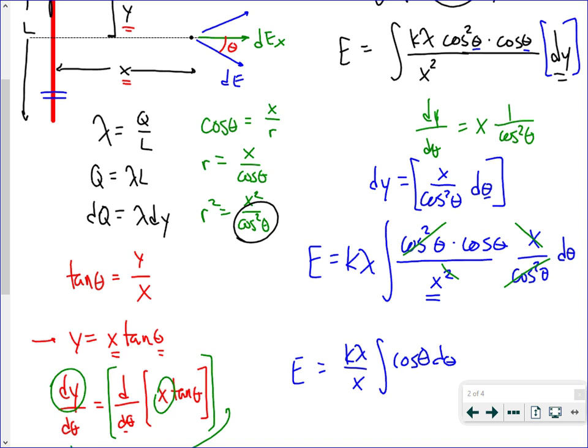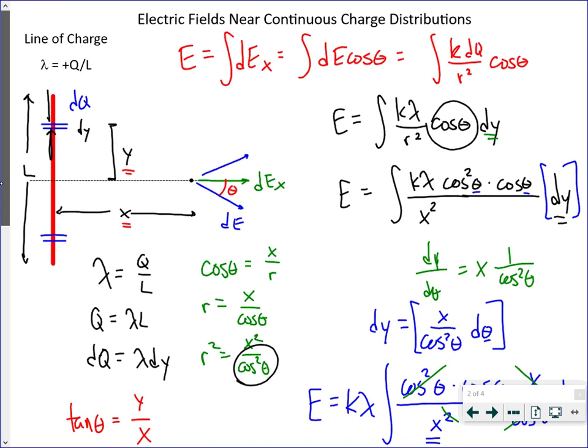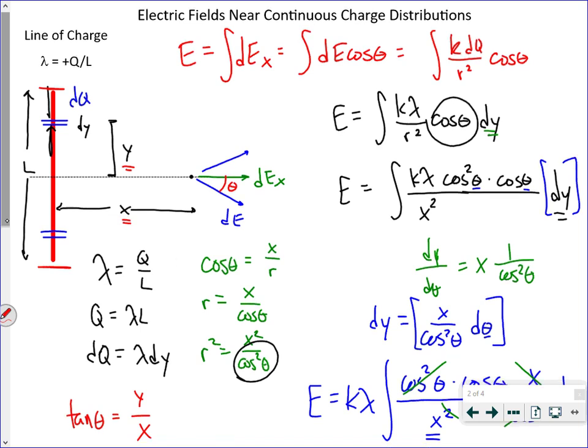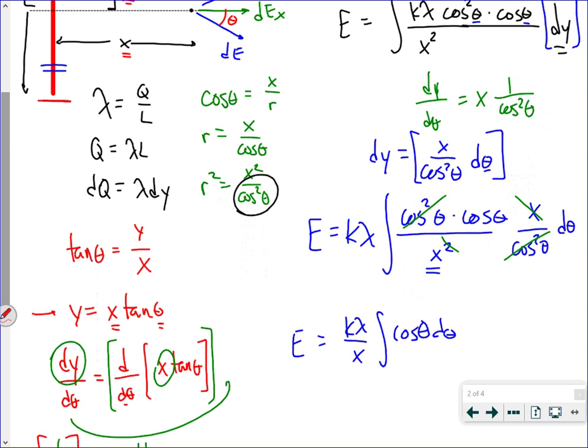Now, what are the limits of integration? Where you usually integrate dy from negative L over 2 to L over 2, now we'd have to say what those angles are. So how do we best express those angles? That's a kind of different question.